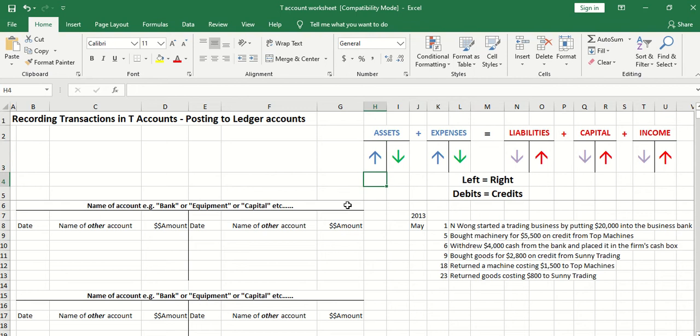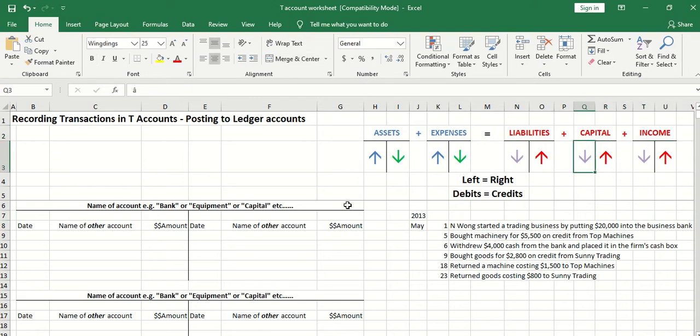And what the arrows indicate is that if you make an entry onto the left-hand side of the assets account, you will increase the amount of assets. If you make an entry into the left-hand side of the expenses account, you will increase expenses. Conversely, if you put an entry into the right-hand side of liabilities, capital, and income, it will increase them.